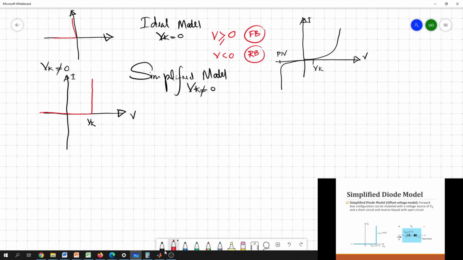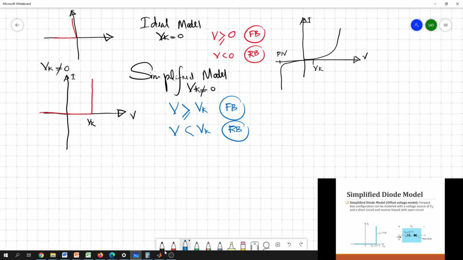But what happens in this case? For this model, we know that the original characteristic curve is shifted by Vk. So we can simply identify two conditions. If the applied voltage is greater than or equal to Vk, we can claim that the diode is in the forward bias region. If the voltage is less than Vk, we can identify that the diode is in the reverse bias region.